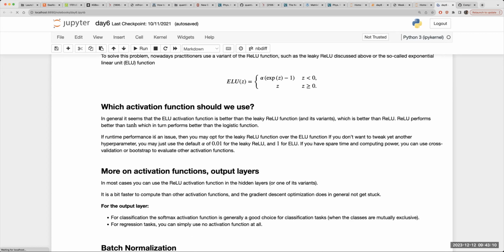So if runtime performance is an issue, then people normally use the ReLU function or the leaky ReLU, which has values when z is smaller than 0. The standard ReLU function sets the function to 0 when the argument is less than 0.